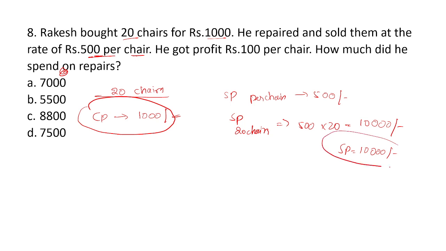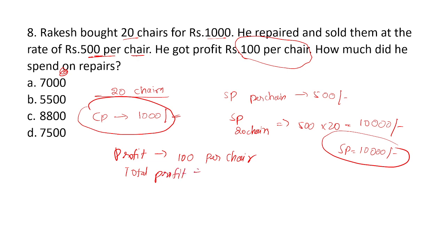Nice. Okay, that means in between he repaired, he spent some amount on repairs. And moreover, he mentioned that he got a profit of 1000 per chair. Sorry, 100 per chair. Profit 100 per chair, which means total profit he would have got how much? One chair 100 rupees, 20 chairs he would have got 100 into 20, which is 2000.